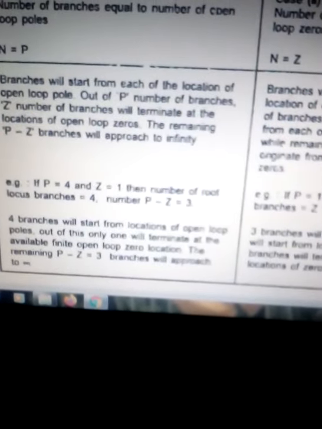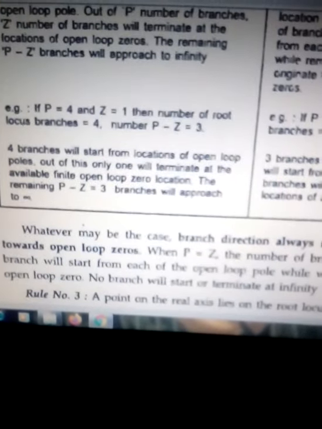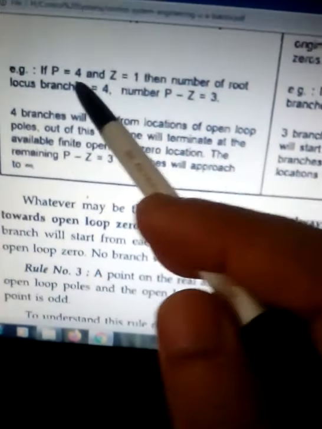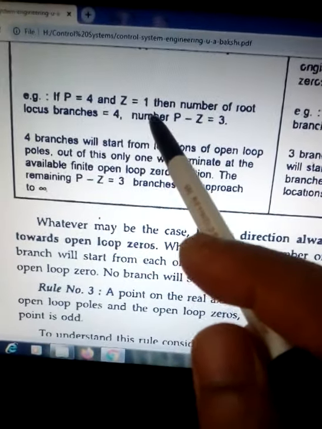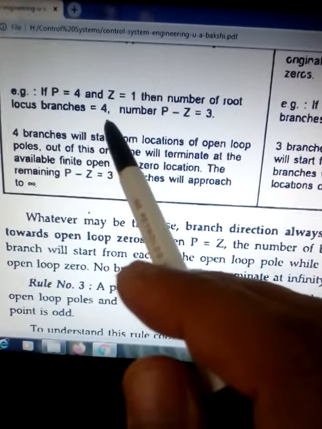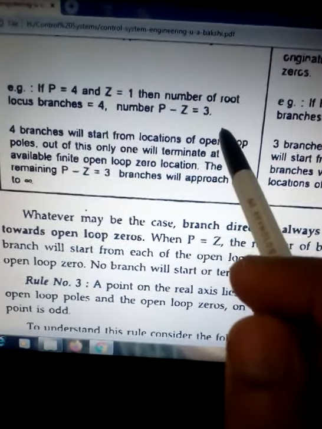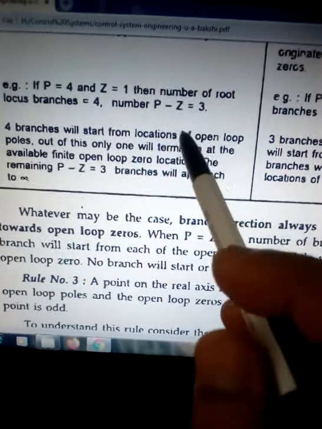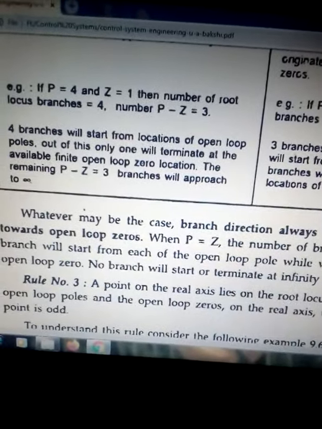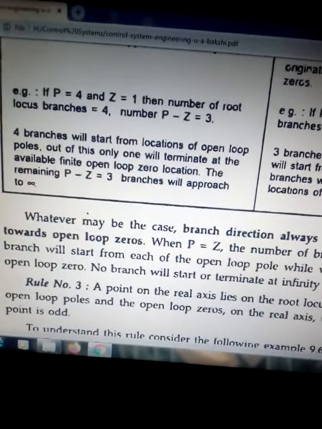So next, say for example, if P equals 4 and Z equals 1, then the number of root locus branches is equal to 4, and P minus Z equals 3, meaning 3 branches will approach infinity. In root locus, a branch will always start at a pole and end at a zero.